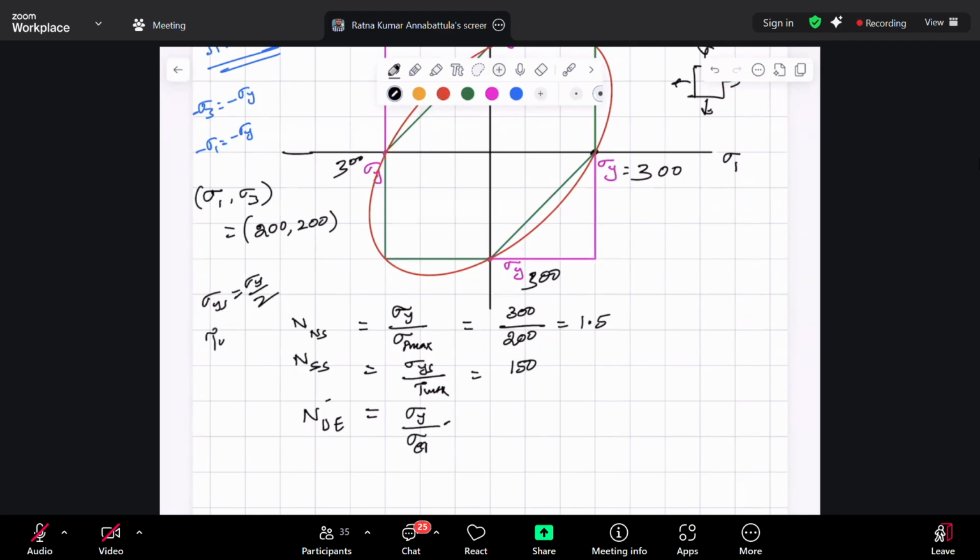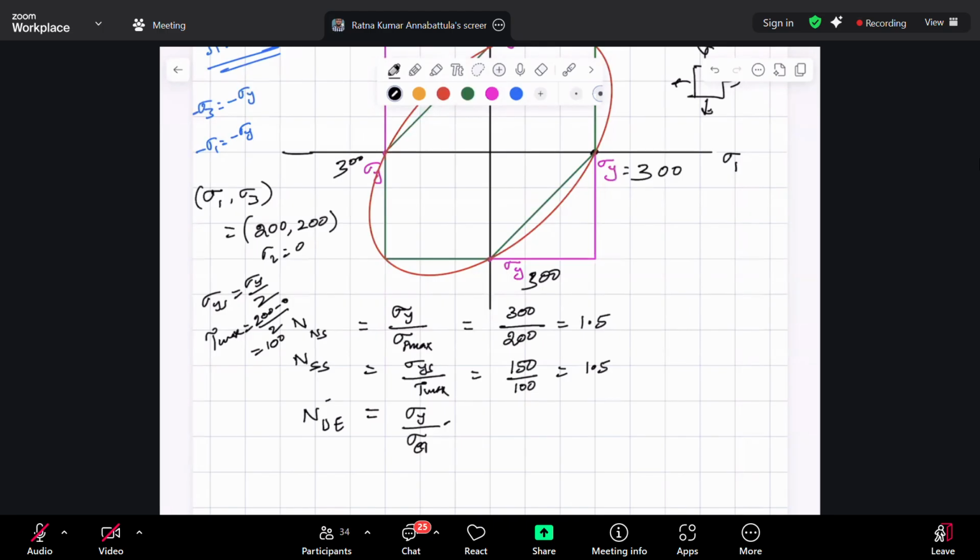What is tau max? Sigma 2 is 0, so tau max will be 200 minus 0 by 2, that is 100. So that is 1.5.